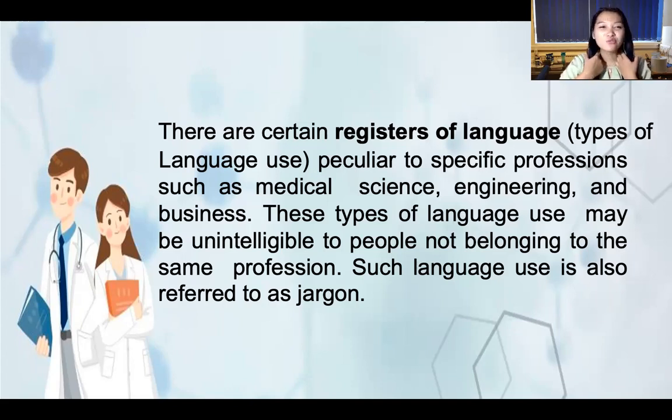Okay, now class, what do we mean by this? It simply means that there are some texts where you read some words which we call registers of language. Why? Because the types of language that are used are just peculiar to specific professions, meaning to say there are words that only this specific profession can understand and other professions can't. Okay? All right.